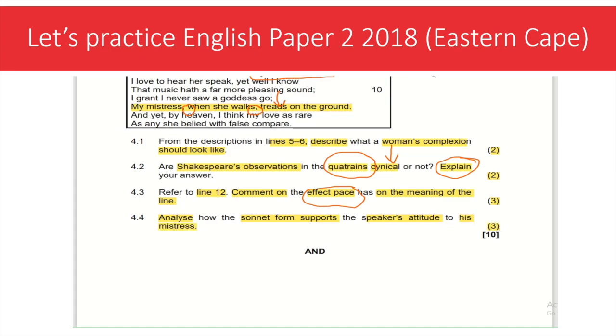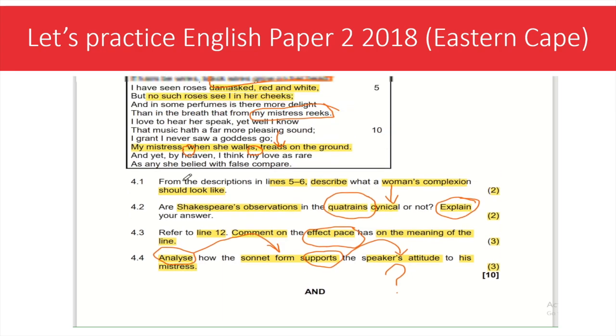So what do we need to do? We need to analyze the sonnet form. First of all, you need to know the details of the sonnet form. And then how does the sonnet form actually support the speaker's attitude towards his mistress? But what is the speaker's attitude?